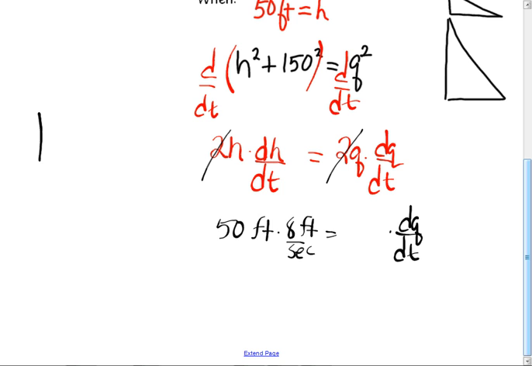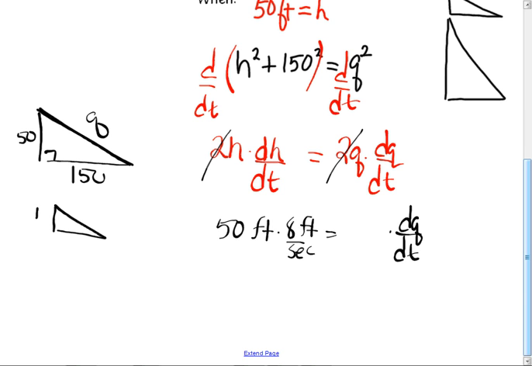I'm going to show you a little trick too. This is 50. This is 150. I need to know what the distance is at that precise point. Yeah, it's the Pythagorean theorem, but I don't want to square 50 or 150. It's called the principle of the reduced triangle. I'm going to make a similar triangle, 1/50th of the size, so I'm going to divide by 50. This is 1, and this is 3.